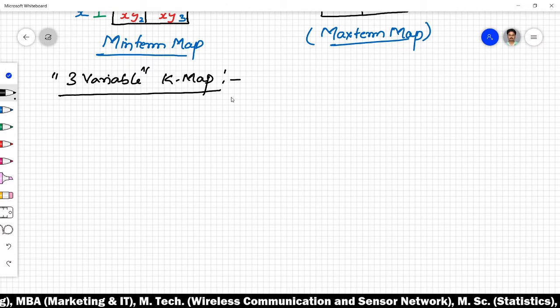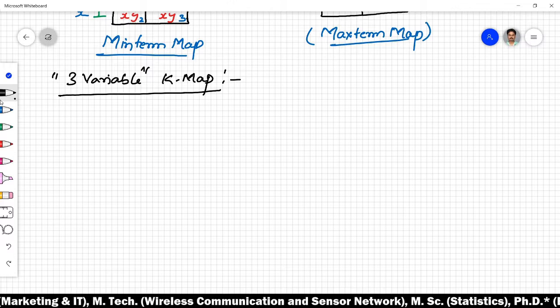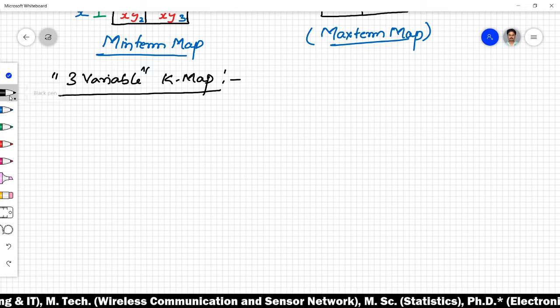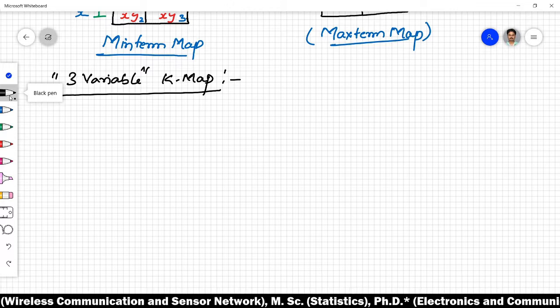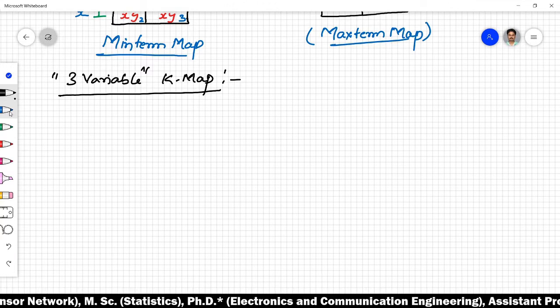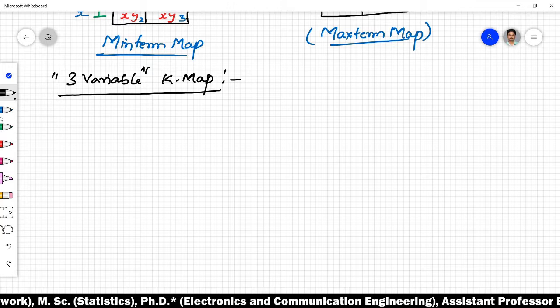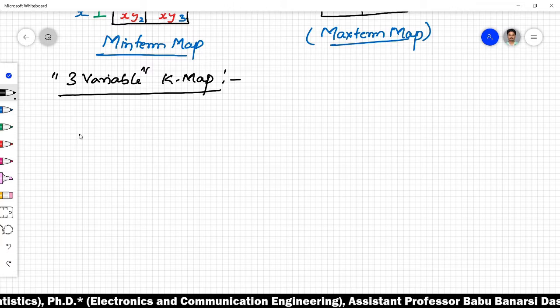Now let us take three variables x, y, and z. With the three variables x, y, and z, we can generate 2 raised to the power 3, that is 8 different combinations. So we require a box which consists of 8 sections. To do so, let me draw that diagram.